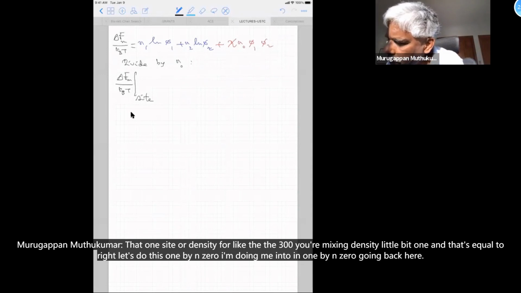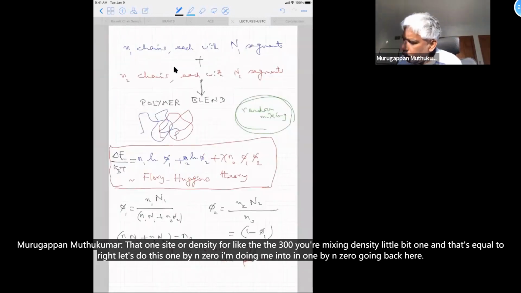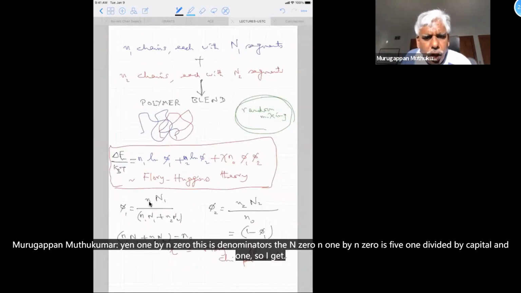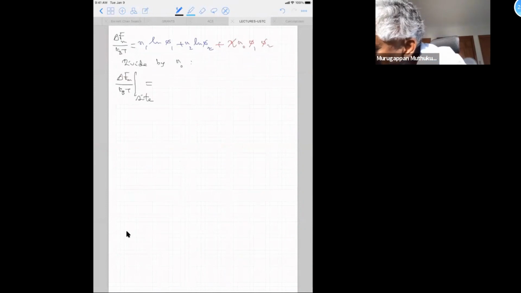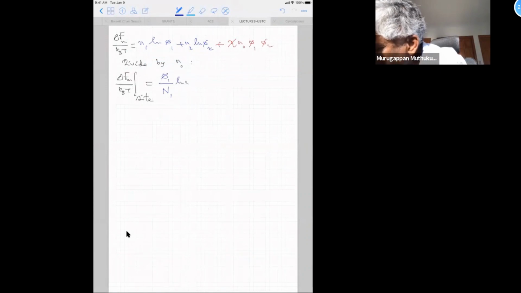That's equal to, let's do this, N1 by N0. Going back here, the denominator is N0. N1 by N0 is phi 1 divided by capital N1. So I get phi 1 divided by capital N1 log phi 1.